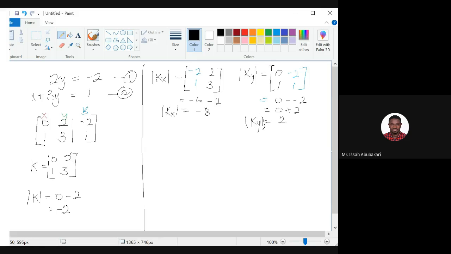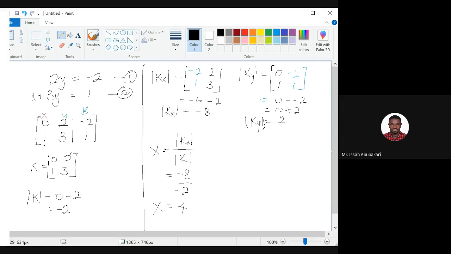So now let's find x. X is equal to the determinant of Kx divided by the determinant of K. Is that okay? And we know the determinant of Kx is minus 8. And the determinant of K is minus 2. So our answer is 4 for x.